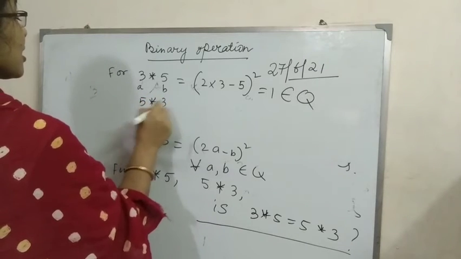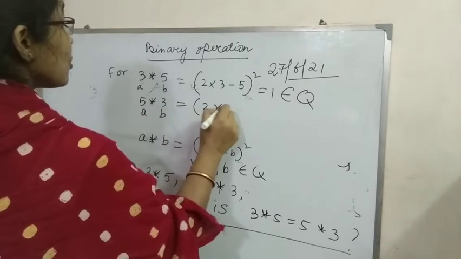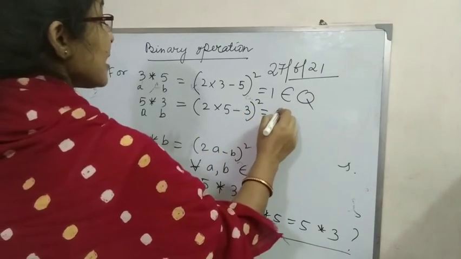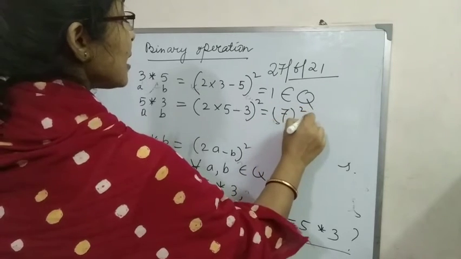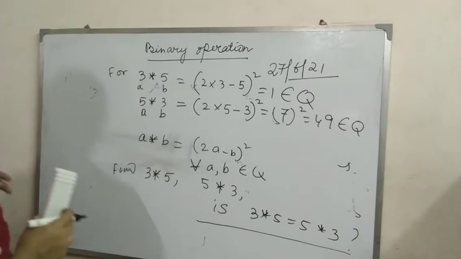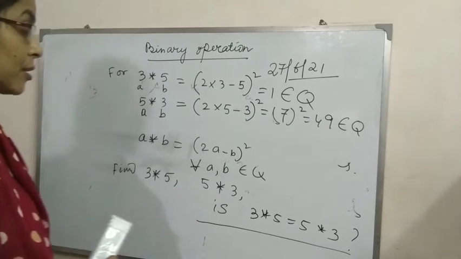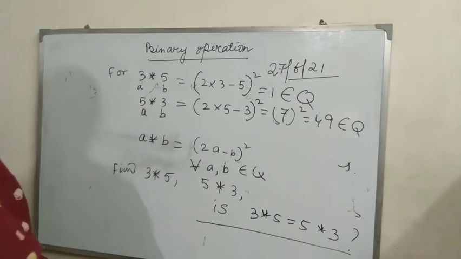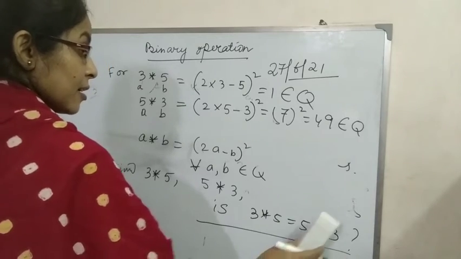Next, 5 operation 3. Here 5 equal to A, 3 equal to B. This is equal to 2 into 5 minus 3 whole square. This is equal to 10 minus 3, that is 7. 7 square, that is 49 belongs to Q. But is 3 operation 5 equal to 5 operation 3?